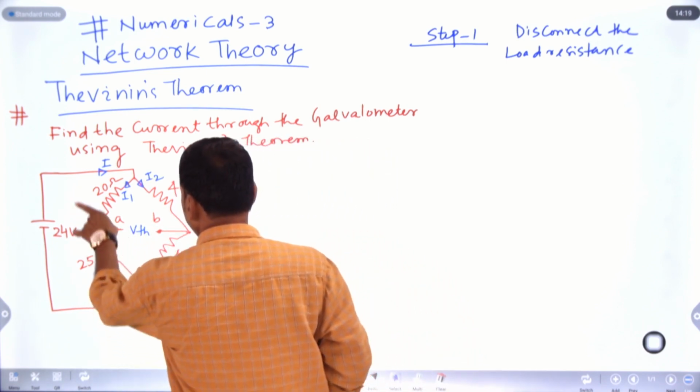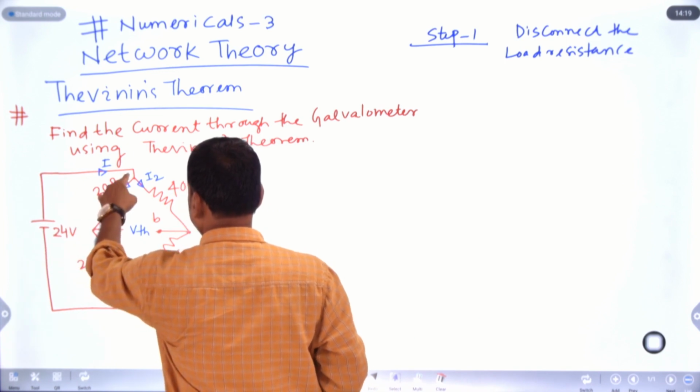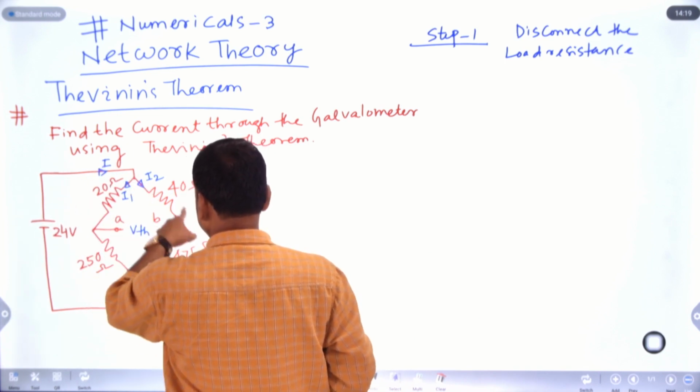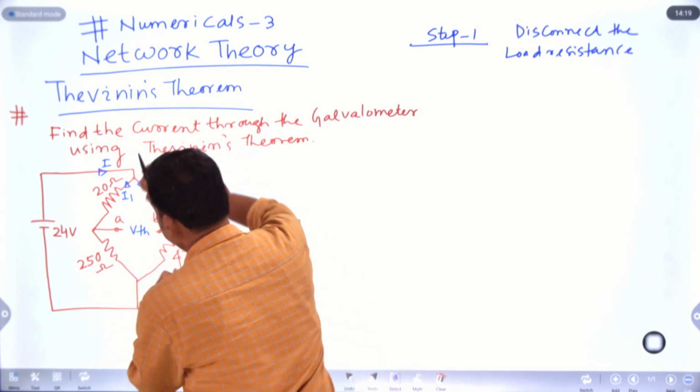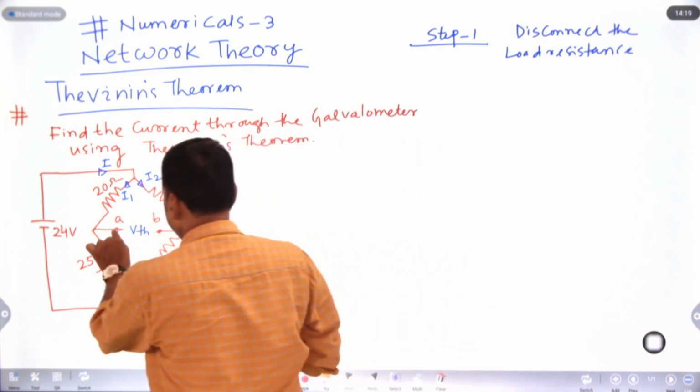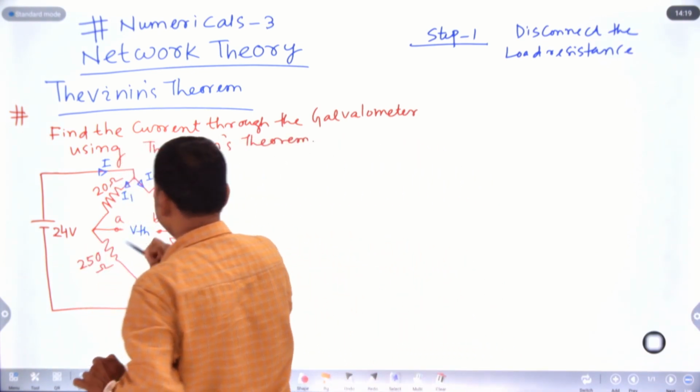First of all, the total current I is divided into I1 and I2, and each branch is a series. The voltage across this is not 24 volt. First, let us calculate the potential at this point and the potential at this point.